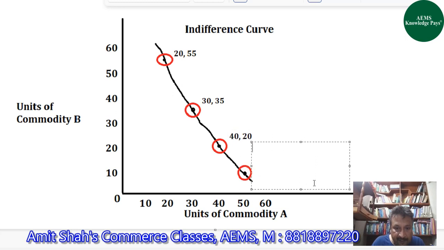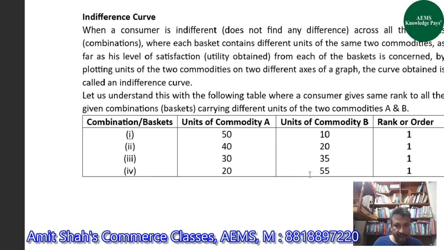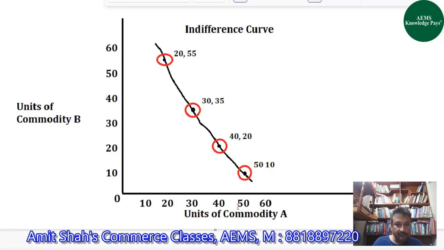And at this point, we have 50 units of commodity A and 10 units of commodity B. This is our basket 1.